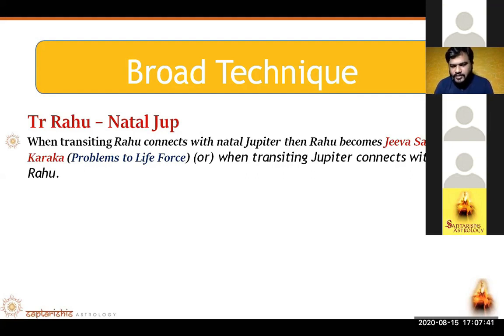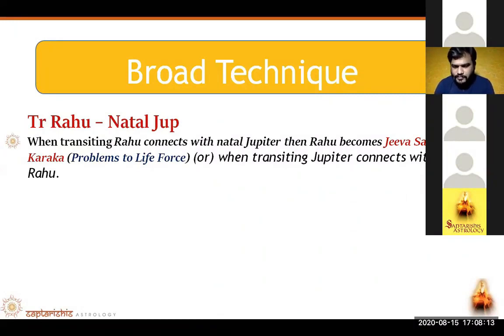As we know, Jupiter is a Jiv Karaka. Or vice versa, suppose transit Jupiter connects with natal Rahu, then also we can call it Jiv Sankata Karaka. Either transit Rahu connects with natal Jupiter, or transit Jupiter connects with natal Rahu.